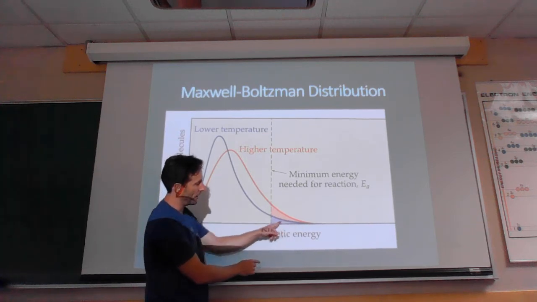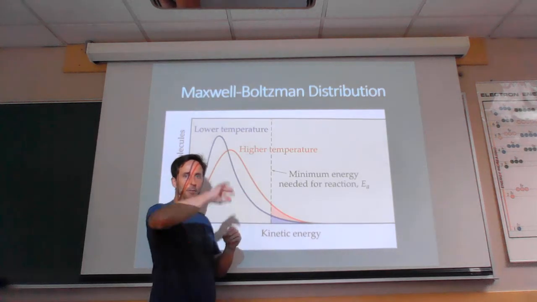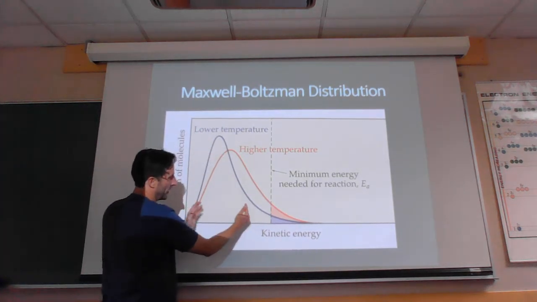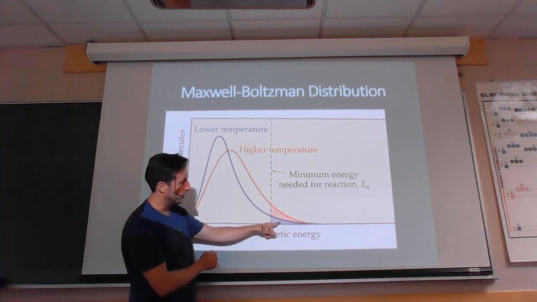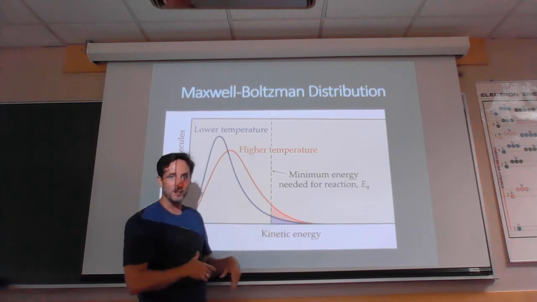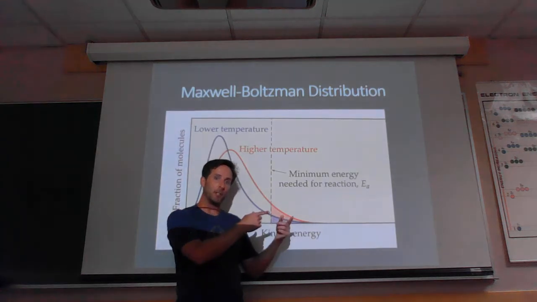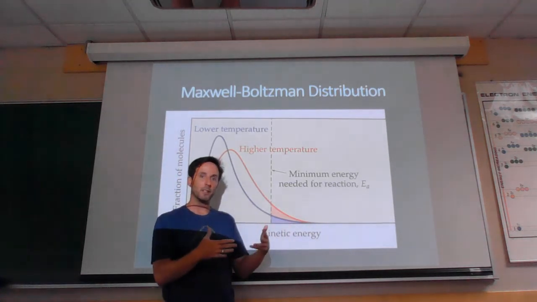These molecules over here have enough energy that they can escape the liquid and fly away in the gaseous form. Most of the molecules are over here underneath that level. Only a small fraction are above that level. That fraction represents the molecules that escape into the vapor and create vapor pressure. So the bigger that fraction gets, the more vapor there is.